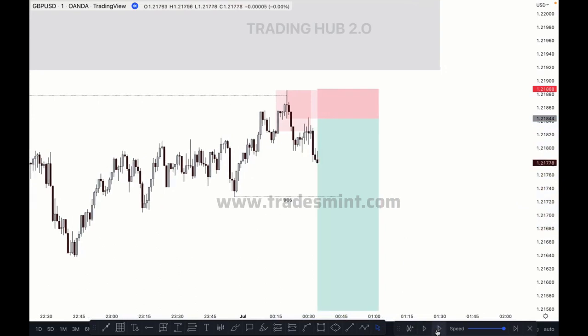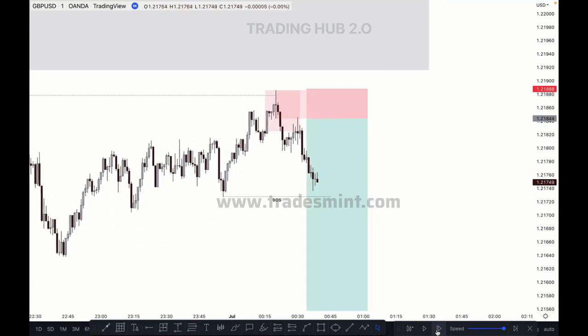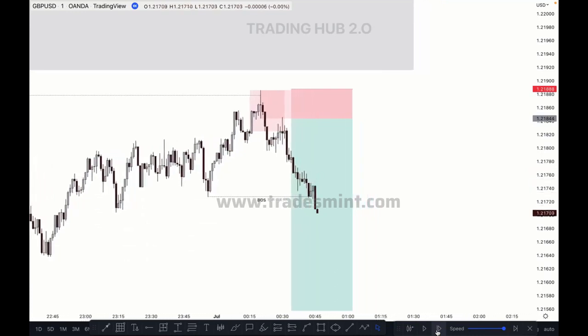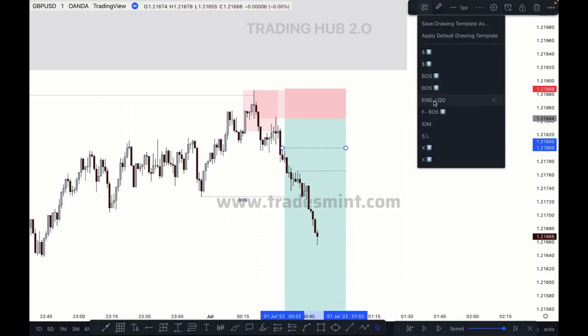You can see first entry is activated, and wait for the other entry. Let's see what happened here. As you can see, market broke this structure. After breaking this structure, where is our first inducement? This high becomes our first inducement, and this high becomes our engineering liquidity.